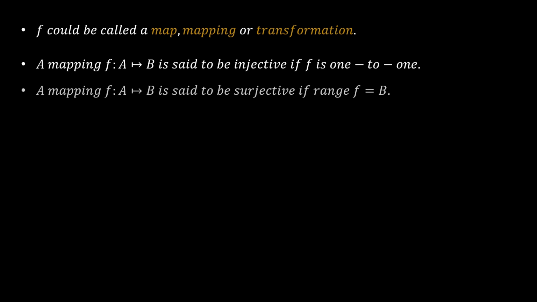There's also another thing we could say: the mapping f from A into B is said to be surjective if the range of f is equal to B. In other words, all the items in the range have a corresponding item in the domain.